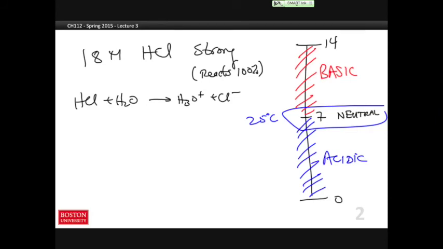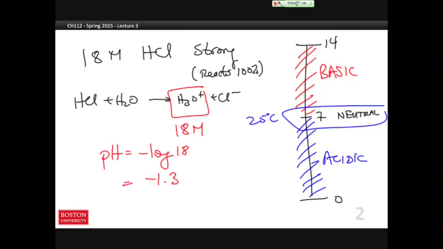You're right. 99.9999%. If I were to start with 1 molar HCl, I would have 10 to the minus 7 molar HCl left by the time the reaction were done. So if I have 18 molar HCl, how much hydronium do I get? Yep, 18 molar. So what's the pH? If I were to stick a pH probe in my 18 molar HCl, negative log of 18, I would get negative 1.3.